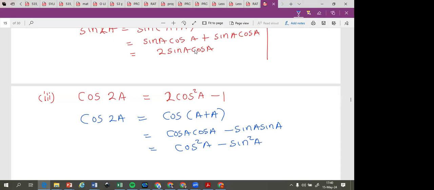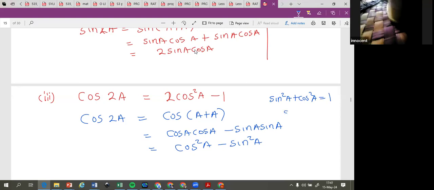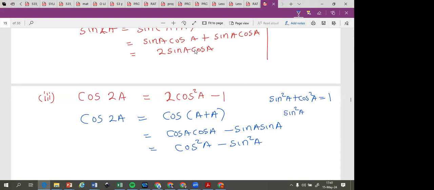So we need to change sine squared to cos squared using the identity sine squared plus cos squared equals 1. So sine squared a equals 1 minus cos squared a. Going back to the expression, we have cos squared a minus, in brackets, 1 minus cos squared a.